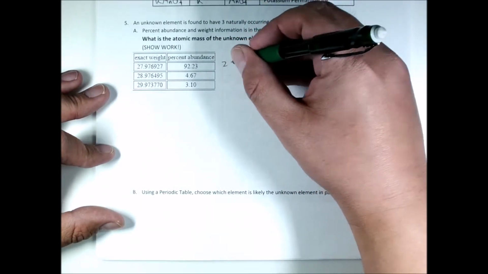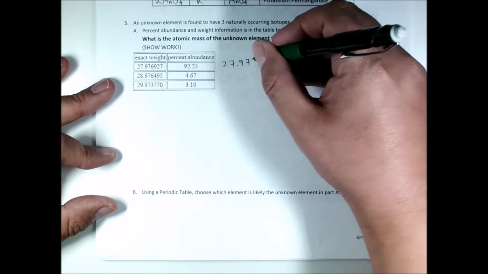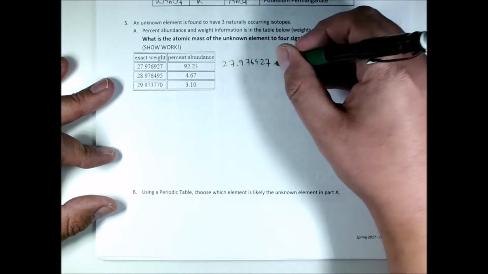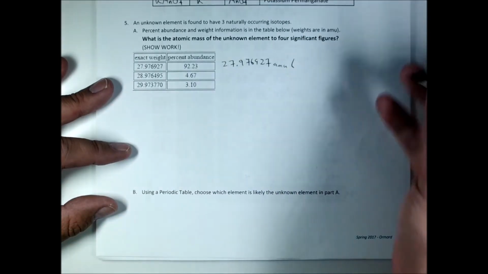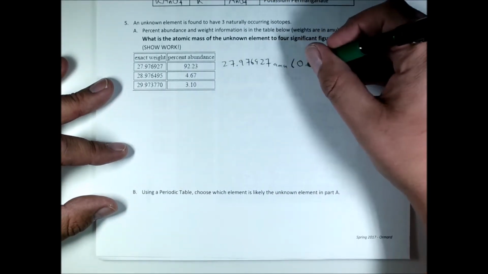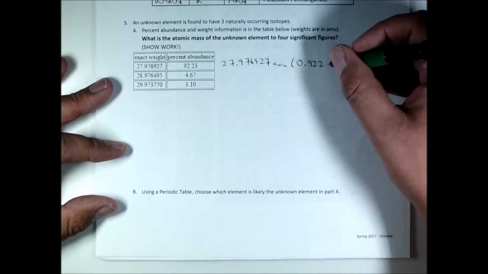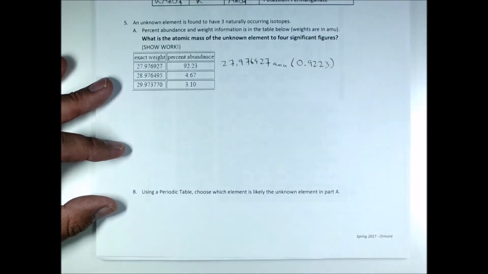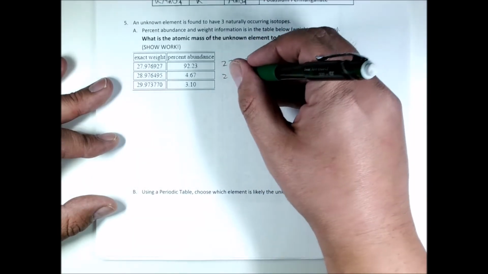So here I'm just going to write out all the units. 27.976927, the units are AMU. Multiply it by the percent abundance as a fraction. So we move the decimal over to make it a fraction, so it becomes 0.9223. There's no unit on a fraction. And just repeat that for all the other ones.